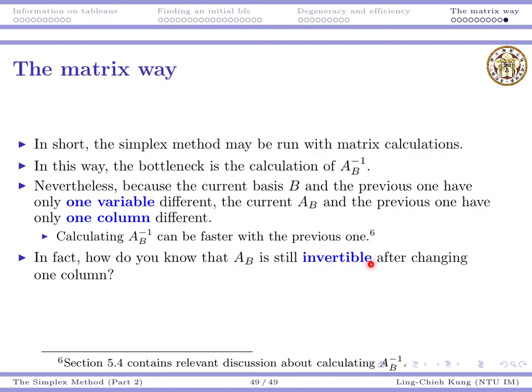We know among all those bases, some are infeasible because the corresponding AB matrix is not invertible. How may we guarantee that when we take one column and change it to another column, we can always get an invertible AB? That's something in some sense you need to answer, right?